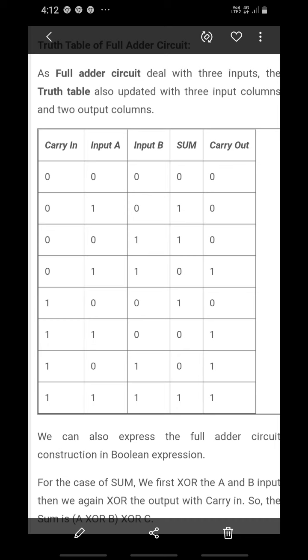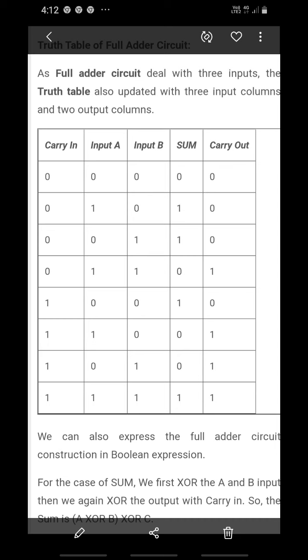And here inputs 0 1 and carry is 0, so 0 plus 1 is 1, sum 1, carry is 0. And 1 1 0, carry is 1, so 0 plus 1 is 1, and take here 0 plus 0 inputs, sum is 0, carry is 1.